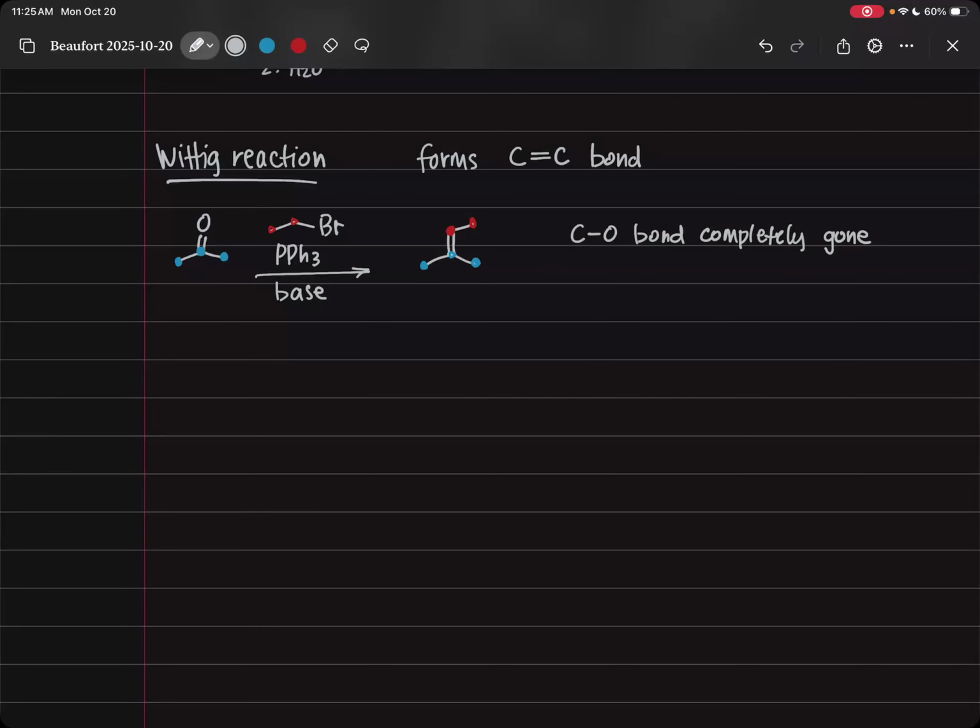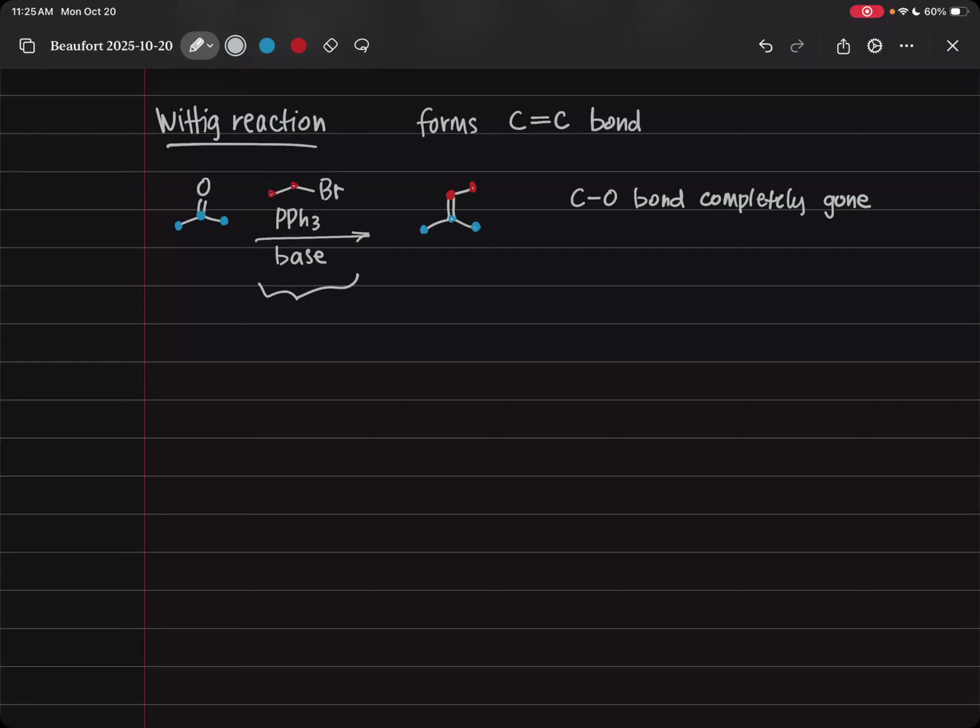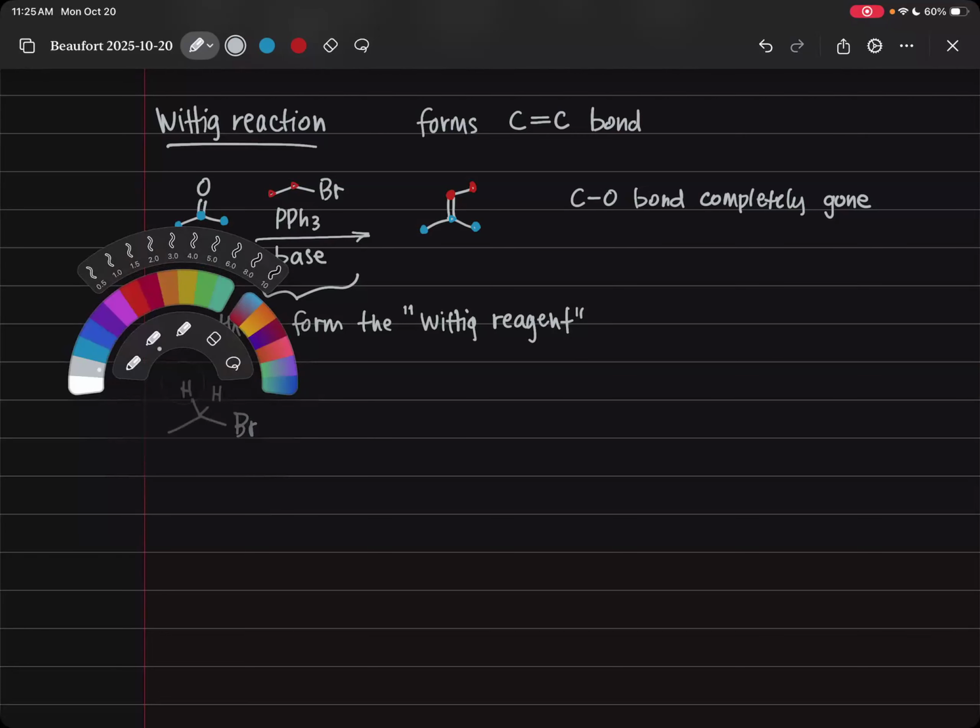Well, these 3 reagents together make what we call the Wittig reagent. And that happens when we take the alkyl halide, which, if you remember, has 2 hydrogens on that CH2 group.